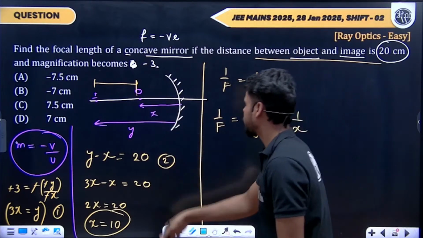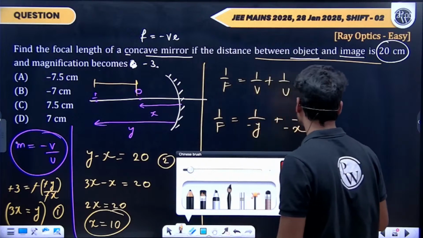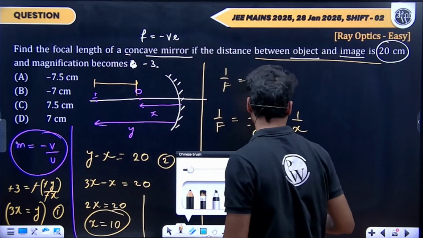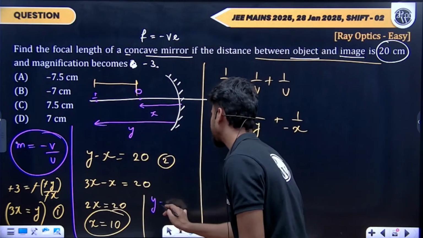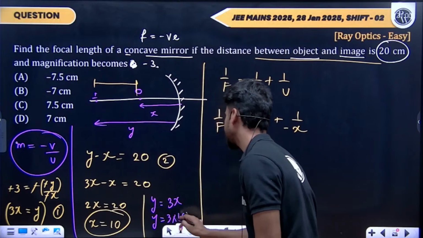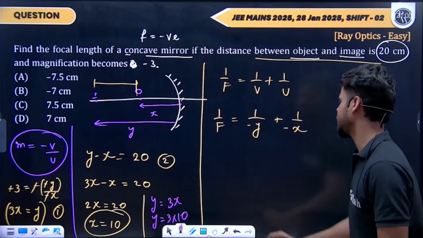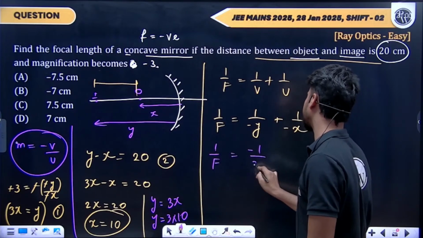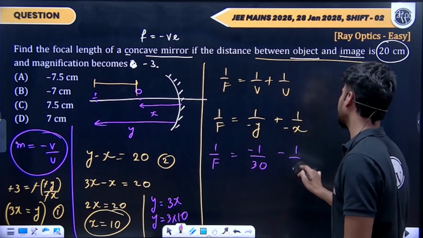Now from here, if x is 10, then what will be the value of y? So with the help of equation 1, I can say that y equals 3 times x. So y would be 3 times 10, so y would be 30. So 1 upon focal length will be minus 1 upon 30 and minus 1 upon 10.